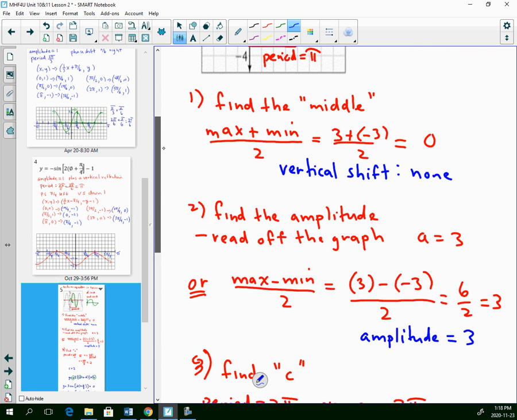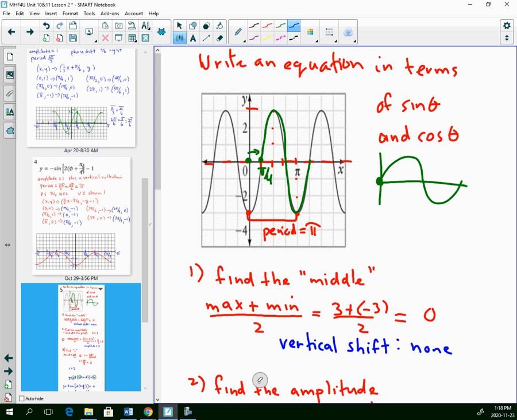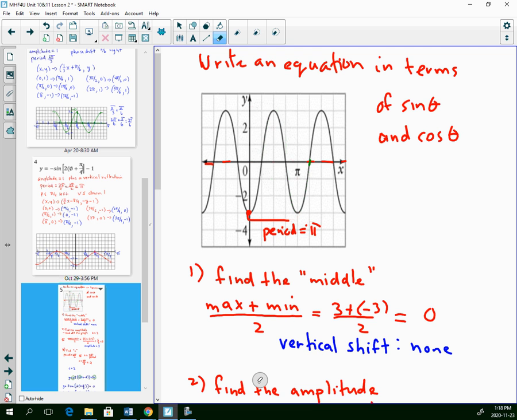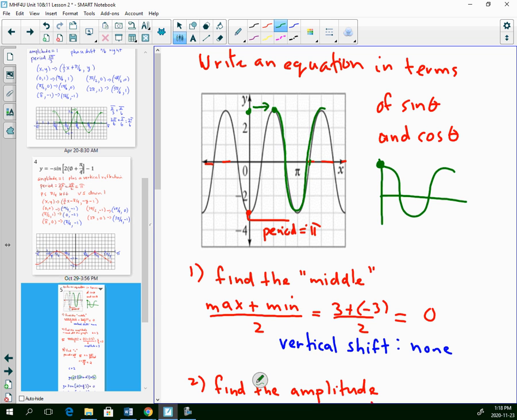If I'm doing cosine, I'm just going to erase this. Cosine, without any transformation, looks like this and starts at the top. Now here's the top, so here's my cosine curve. That starting point has been shifted to the right. How much?